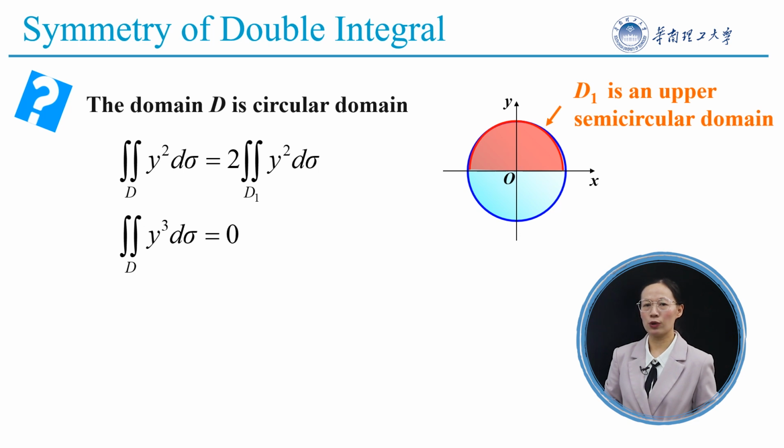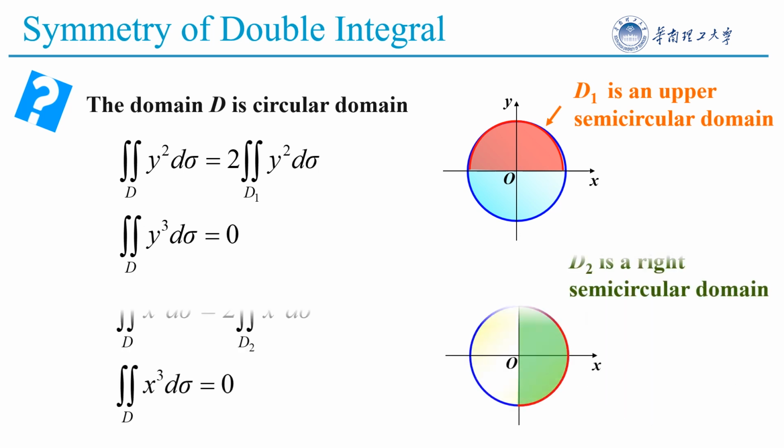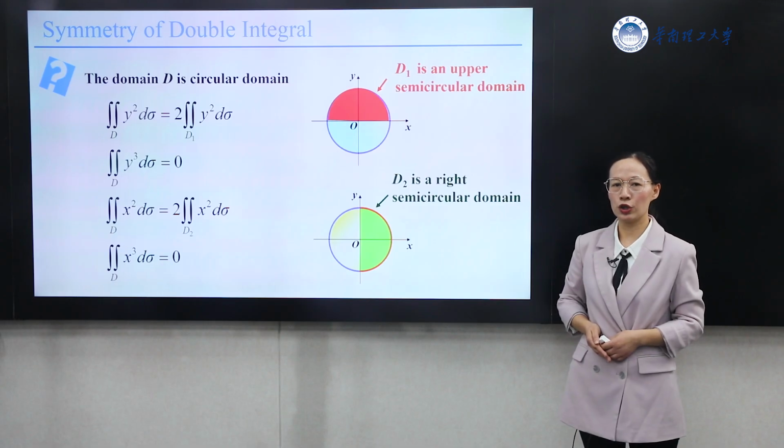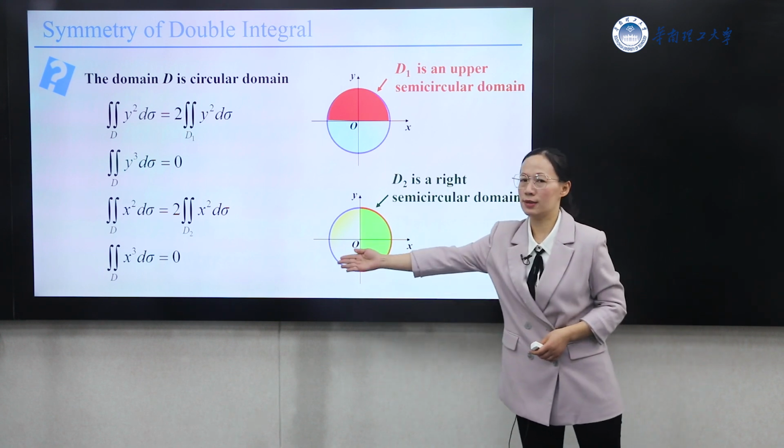The double integral of the cube of y on D is equal to 0. Let D2 be a right semicircular domain. Then the double integral of the square of x on D is equal to 2 times the double integral of the square of x on D2. The double integral of the cube of x on D is equal to 0.